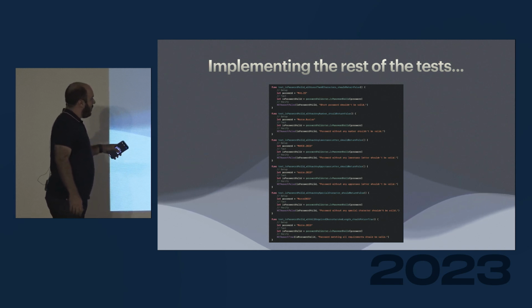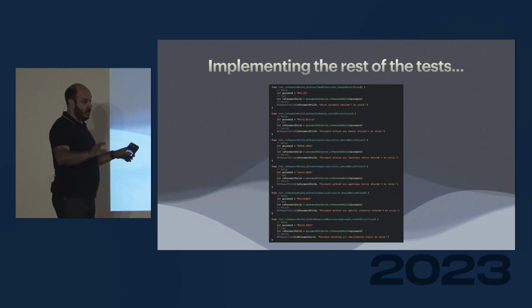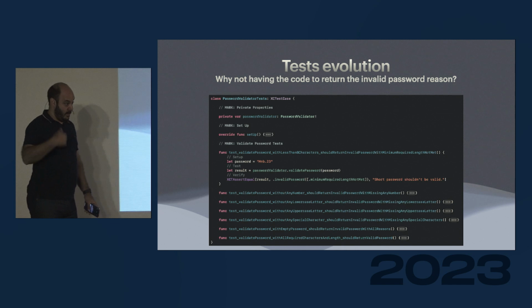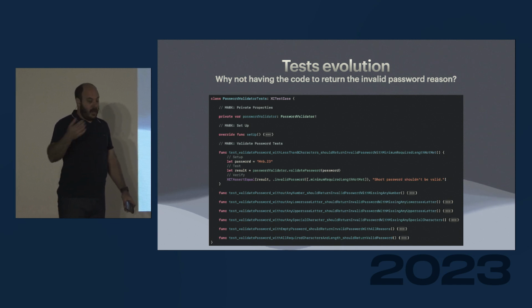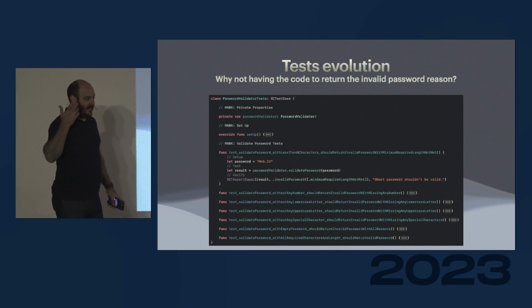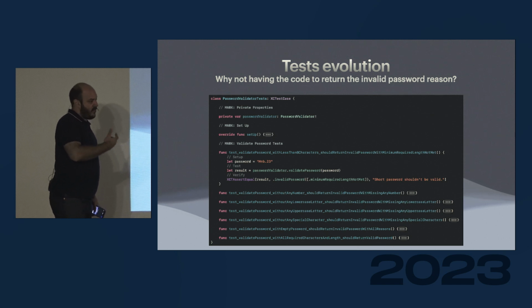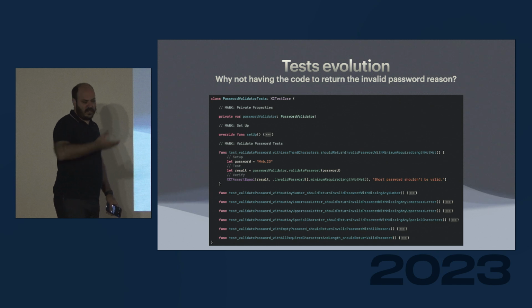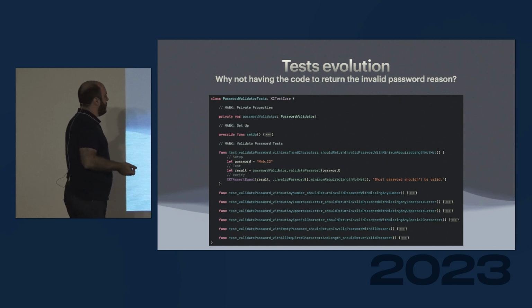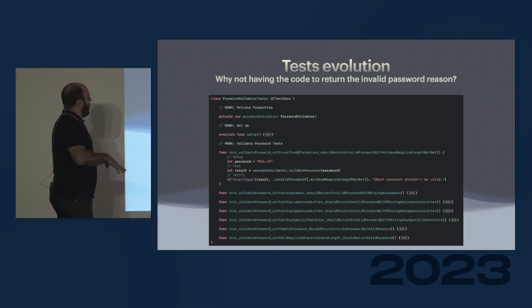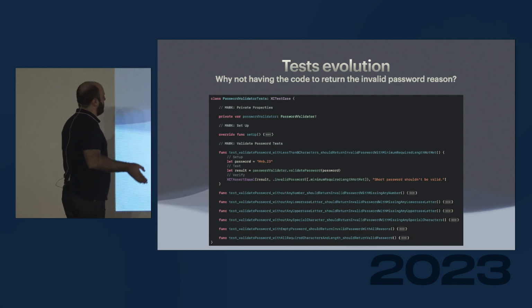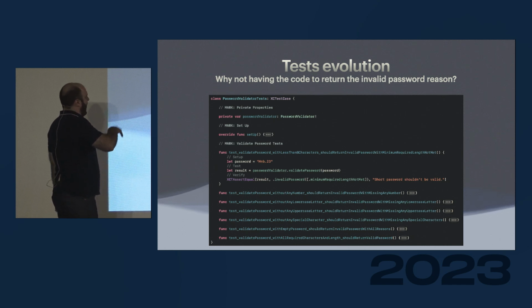So I have all the unit tests implemented, no code yet. And at that moment, I realized in my mental process, why not have the actual code, instead of returning just true or false, return the reason that it is failing, because I have all that documented in the unit tests. So then I changed the implementation of the unit test, but I don't have any implementation in the code yet in order to return a result.